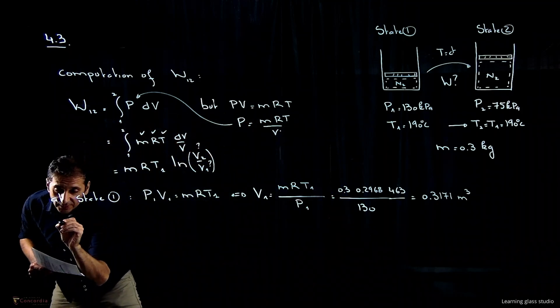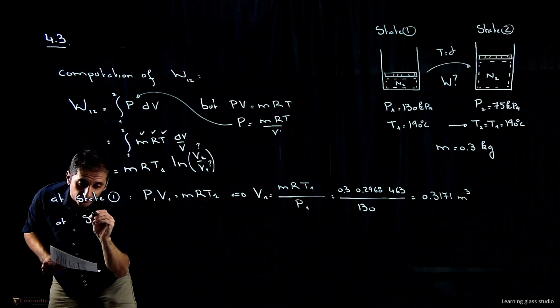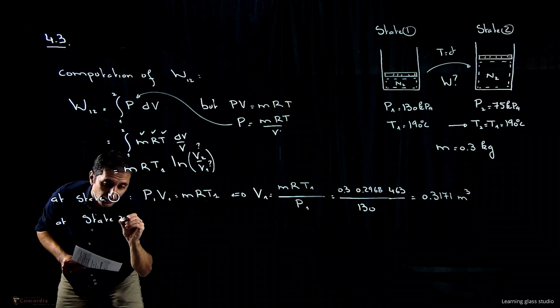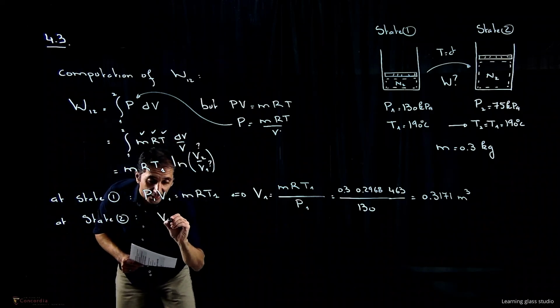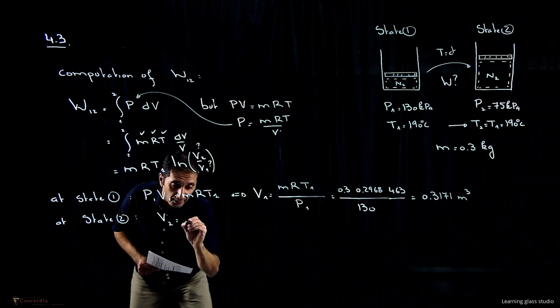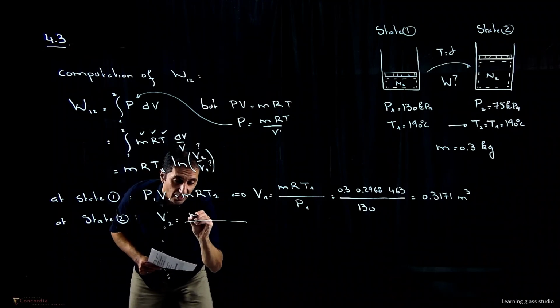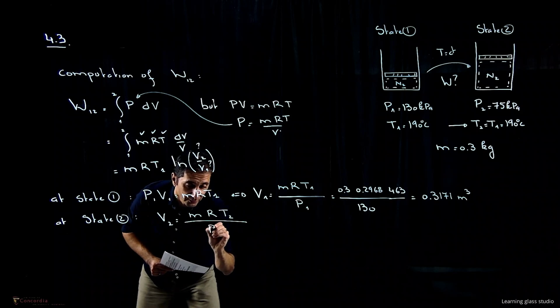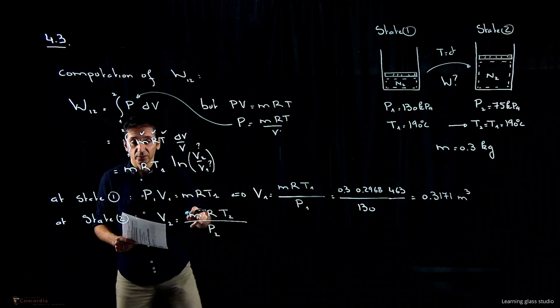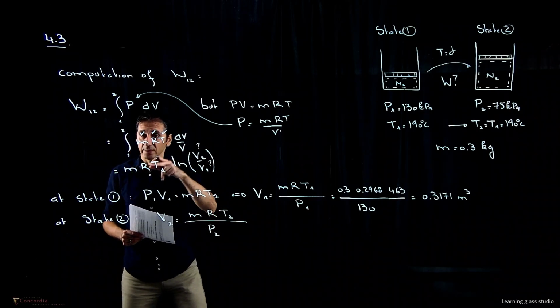We do the same thing at state 2. Exactly the same process, so I can just bypass this one and write that V2 is equal directly to mRT2 over P2. We are given P2, and we know that T2 is equal to T1.